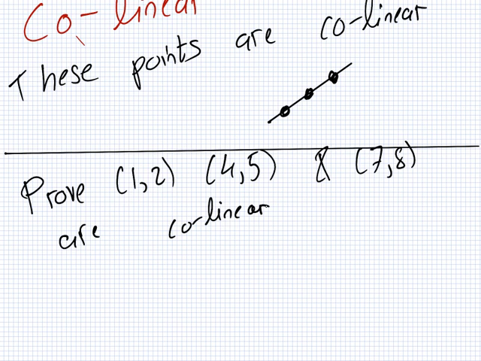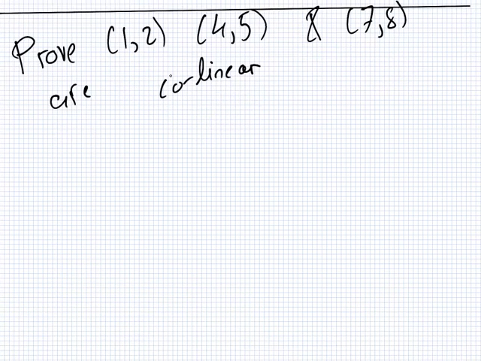I can think of 2 ways to prove it. I want to see if you can think of any ways to prove it. So prove that these 3 points are collinear. Yeah, but how would you write this down as an answer? How would you explain this? So, let's hear any ideas. How could we prove they're collinear?